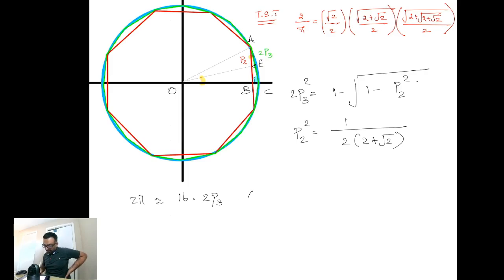So this equivalently should be telling us that 2 by pi is approximately equal to 1 by 8 times of p3. And like earlier, the 1 by 8 I will split into the 2 cubed, and you will see that P3 will be written in 3 parts. So let's go ahead and solve for that step.